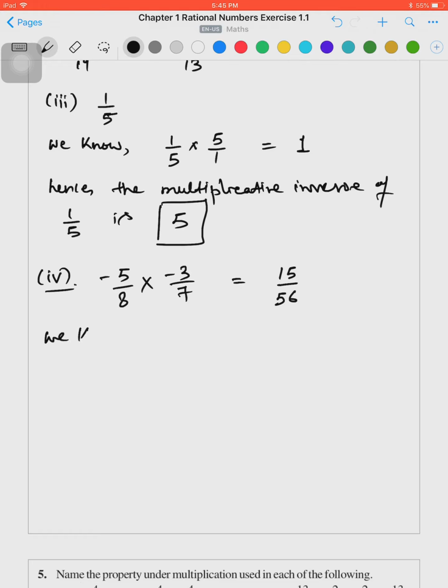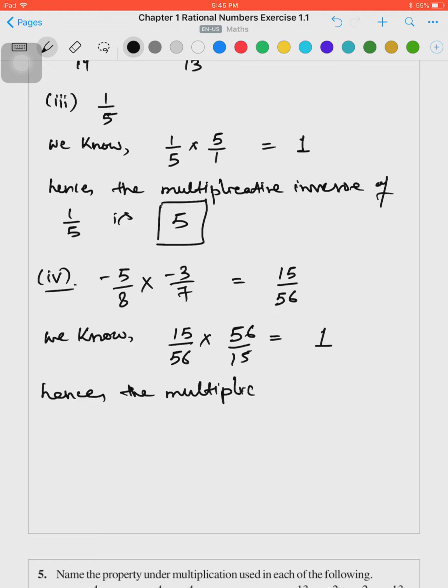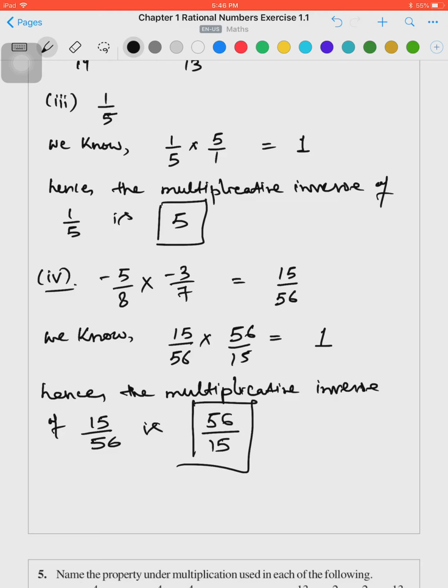We know if we multiply this 15 by 56 by its reciprocal, that is 56 by 15, the result will be equal to 1. Hence the multiplicative inverse of 15 by 56 is 56 by 15. That's our answer.